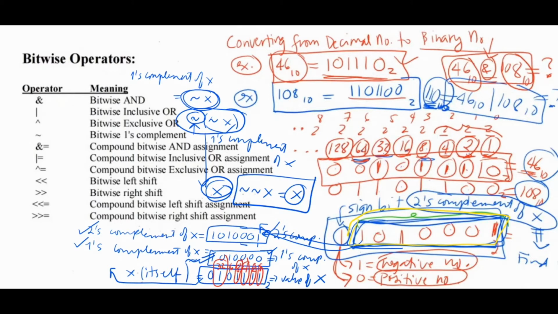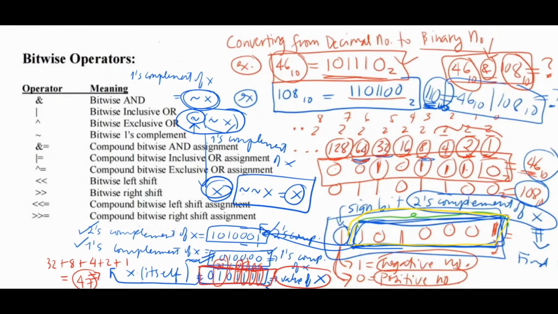You add all of those integer values having a bit value equal to 1. So that is 32 plus 8 plus 4 plus 2 plus 1, which is equal to 47.